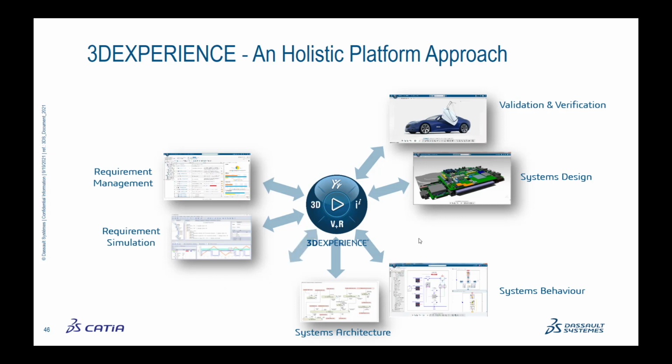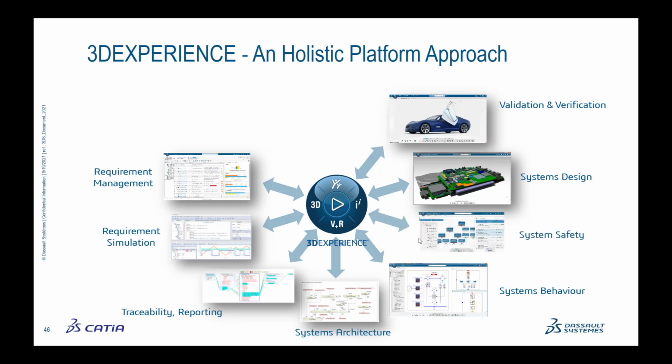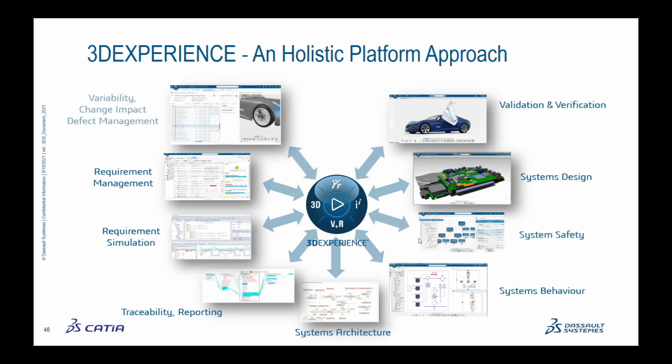And you can also add some really transverse activities around, like traceability, safety analysis, or some others like project management or variant and variability. And now you have a big picture where all this activity can be performed together.